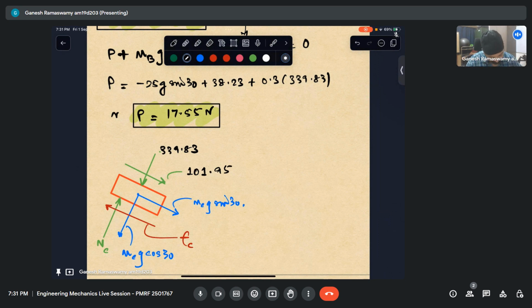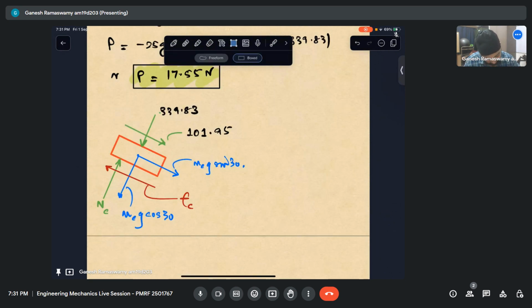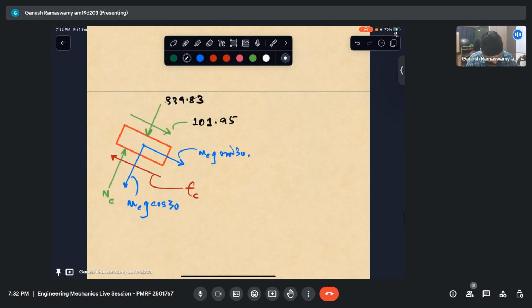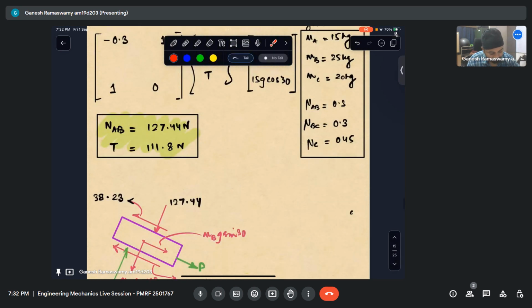Now let us solve for the unknowns, the unknowns being NC and FC. FC is not to be confused with mu C NC because that is what we are trying to check here. Okay, so sigma Fx equaling 0 gives us, mC, we have seen that it is 20 kgs, and this is 0.45.